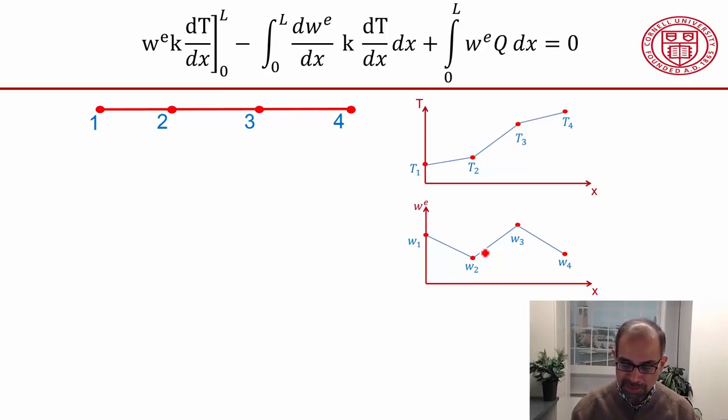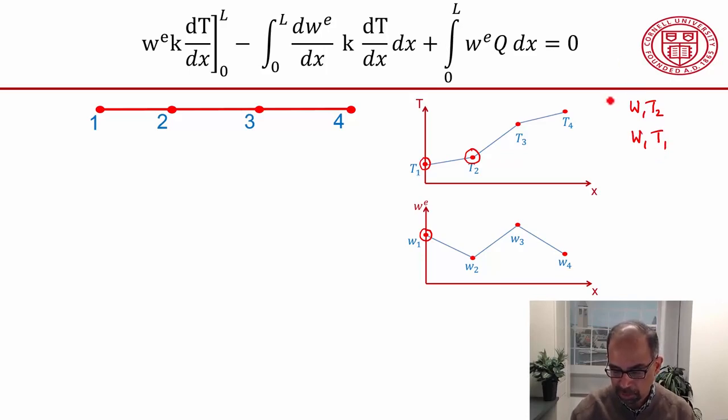When I do this integration, and I'll do it element by element, over the first element I'll get terms where I'll have W1 multiplying T1, and I'll also get a term where W1 multiplies T2. Okay, so I'll get a term that involves W1 times T2 and W1 times T1.